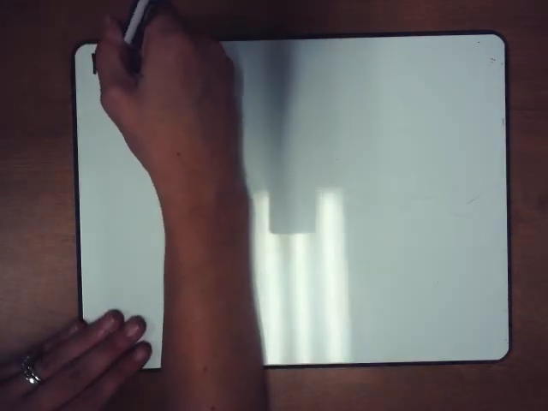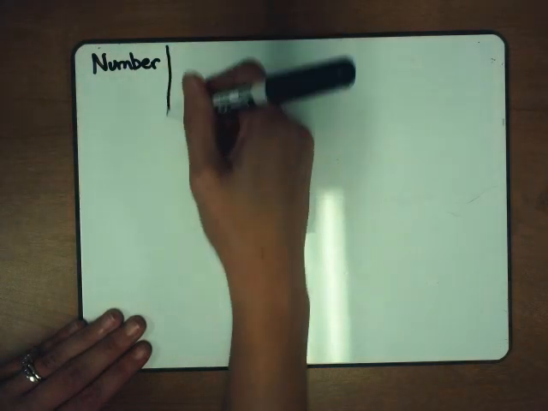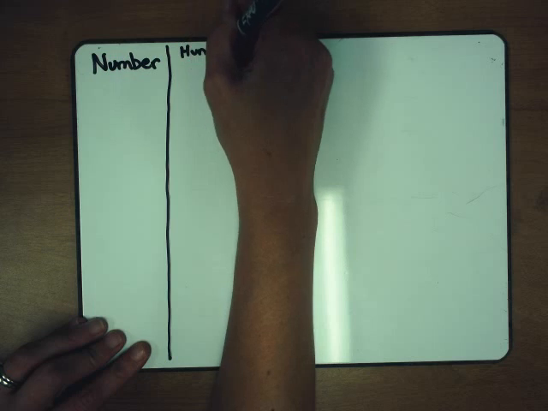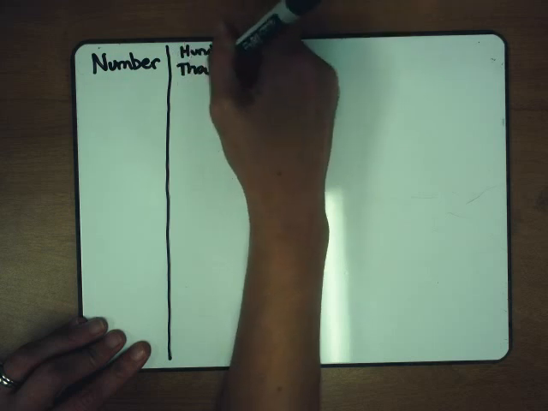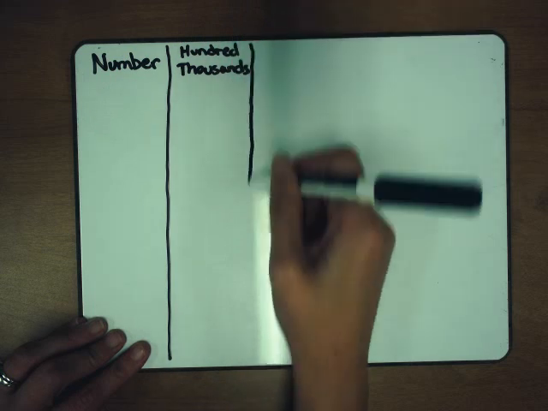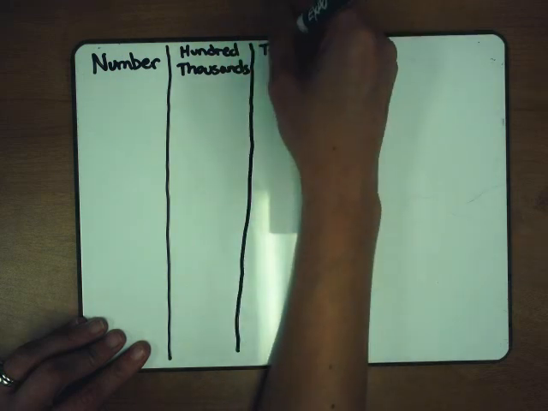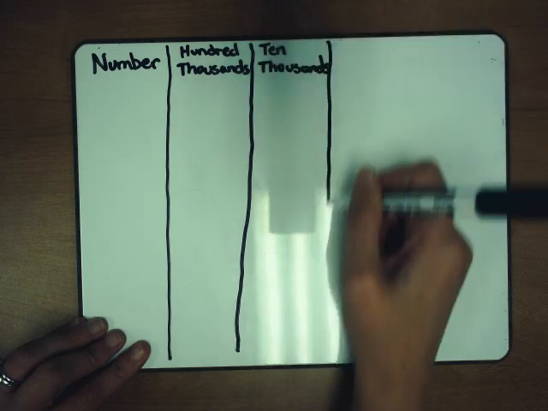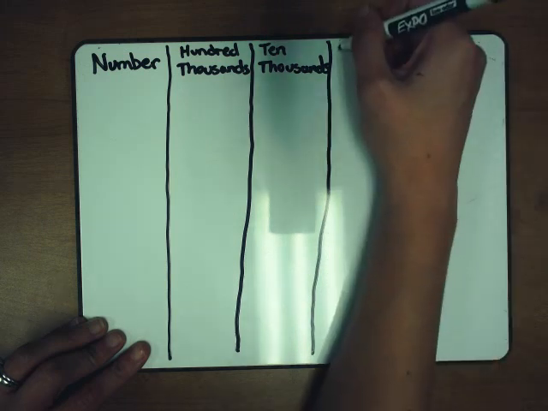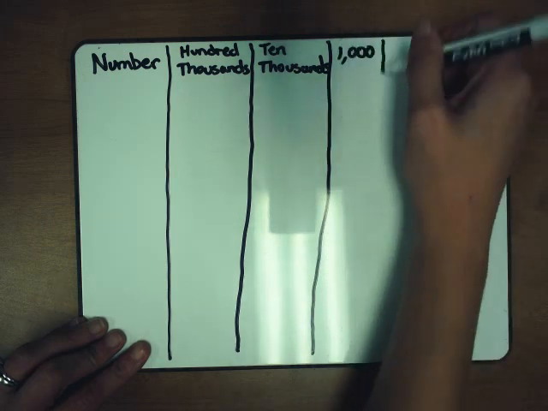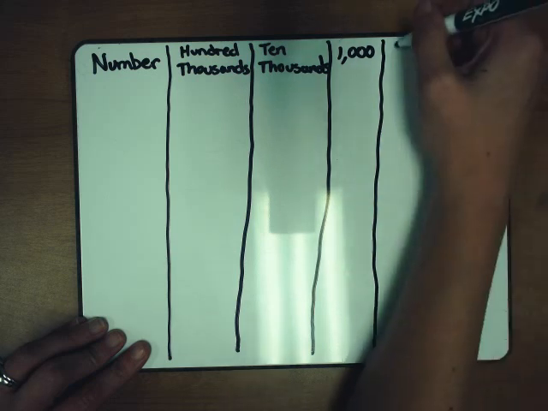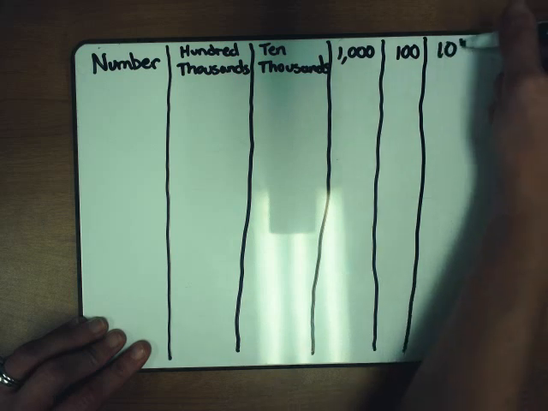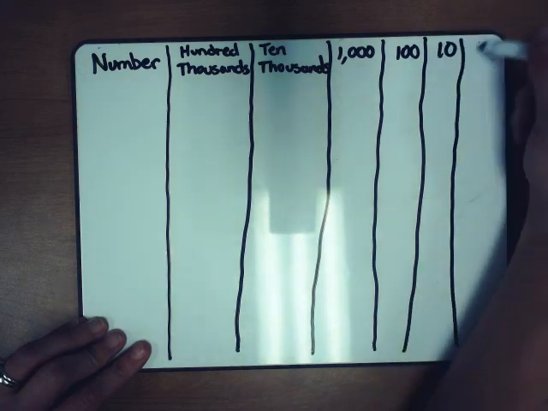So I'll have the number, hundred thousands, ten thousands, thousands, hundreds, tens, and finally the ones column.